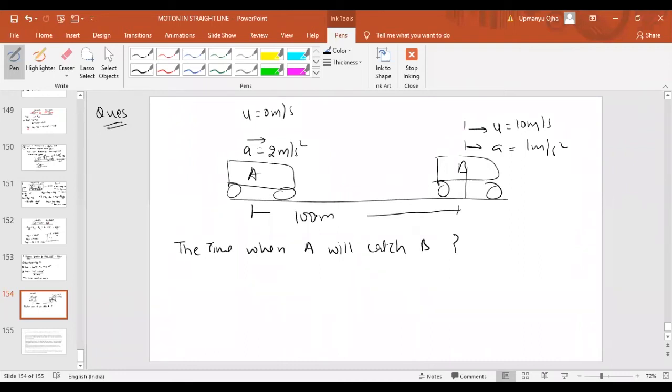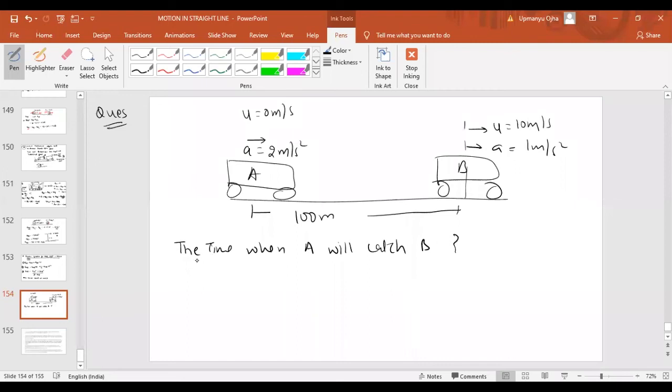You can see that in this problem we have two objects, two cars, which are moving. A is moving, B is also moving. So when two objects are moving, we can use the equations of motion in terms of relative. Now we have to choose the observer.